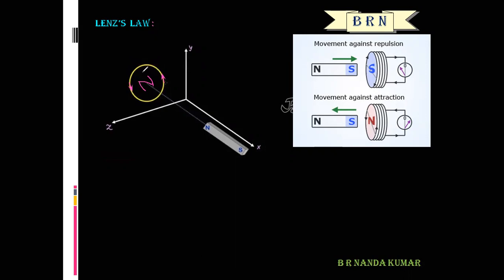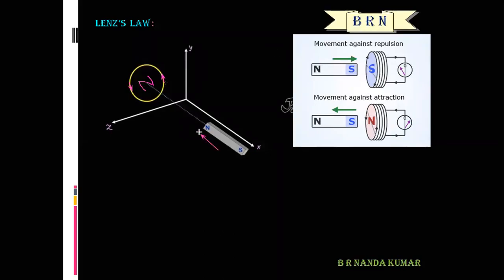So this one opposes. Now the direction of induced current will oppose the further change of the magnetic flux.